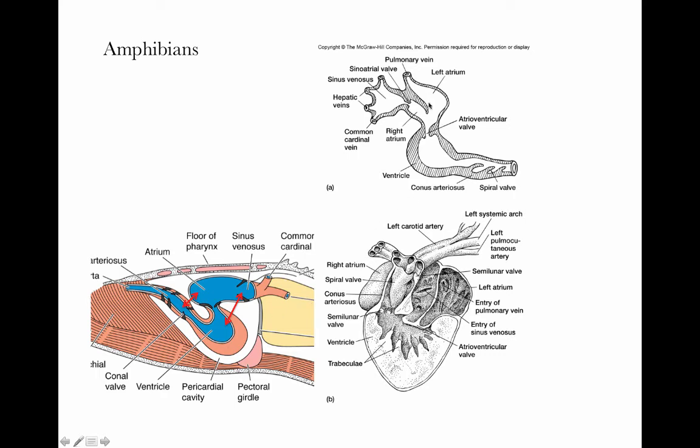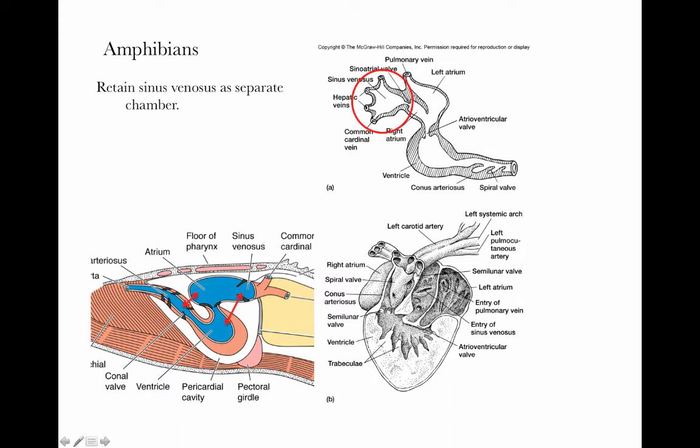So remember, in the amphibian heart, we see the first real septation of the heart. There's going to be an interatrial septum separating the right and left atrium. And if we think of this folding, we can again think of the atrium being folded over, coming close to the conus arteriosus, and the ventricle being squeezed up close to the sinus venosus into this folded structure, with the ventricle at the bottom, the two atria up above it, and the sinus venosus still a separate chamber off to the side.